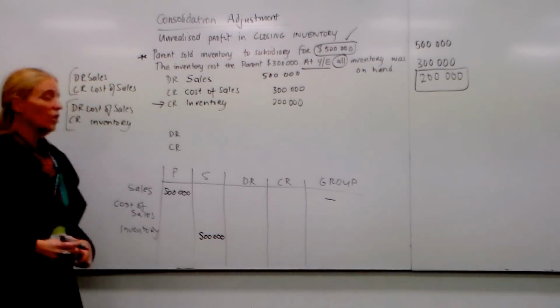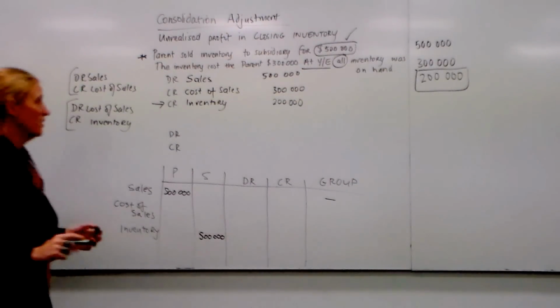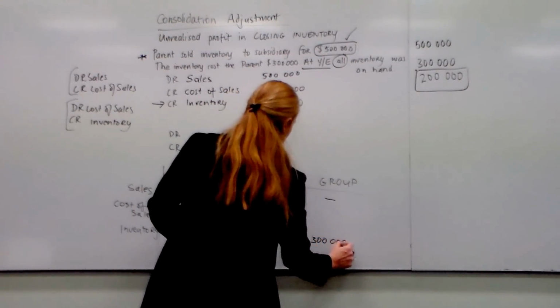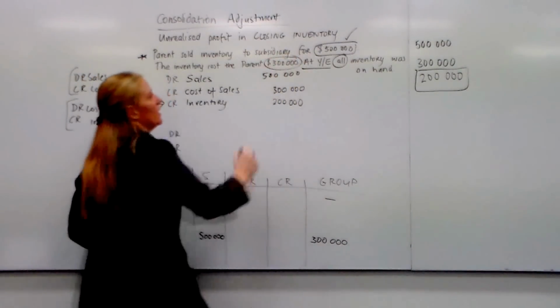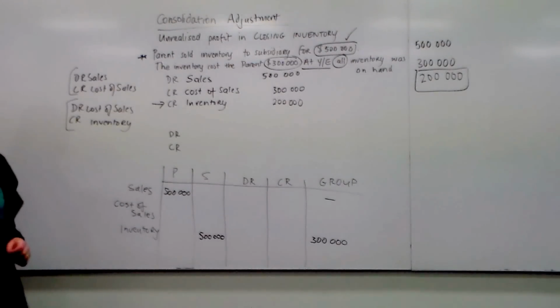Okay. What do we want the inventory to be in the books of the group? We want the inventory to be $300,000. Why? Because we want it to be reflected at the amount it originally cost the group.